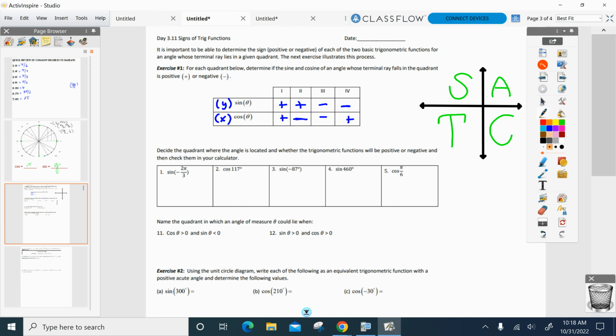The A in the first means all, everything. All things are positive in the first quadrant. Take a wild guess what the S means. What's positive in the second? Only sine, and everything else negative. T, we haven't gotten there yet, but we will.